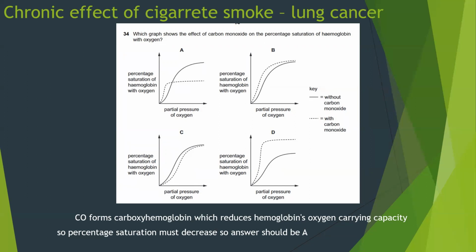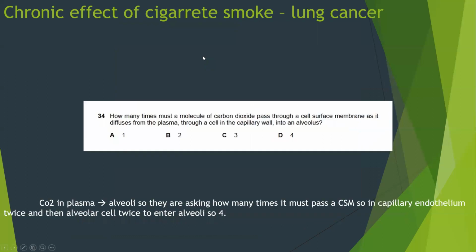If it reduces the oxygen carrying capacity, the percentage saturation, meaning how much of the hemoglobin is saturated with oxygen, will be much lower. Out of all the graphs, only this one with carbon monoxide is way lower than the one without carbon monoxide. So the answer should be A.